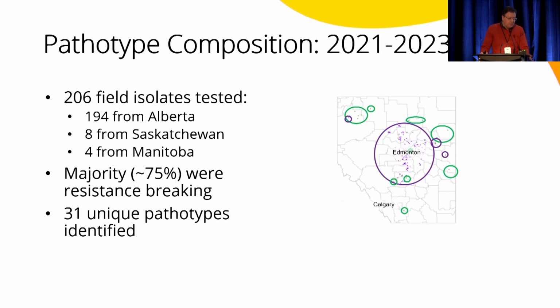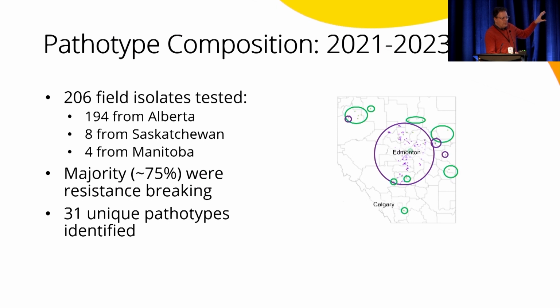The majority from Alberta were resistance breaking, three quarters of them. Resistance-breaking pathotypes are pathotypes that can cause clubroot in at least some of the clubroot-resistant canola varieties that are available. In this map, we show individual fields that were tested.